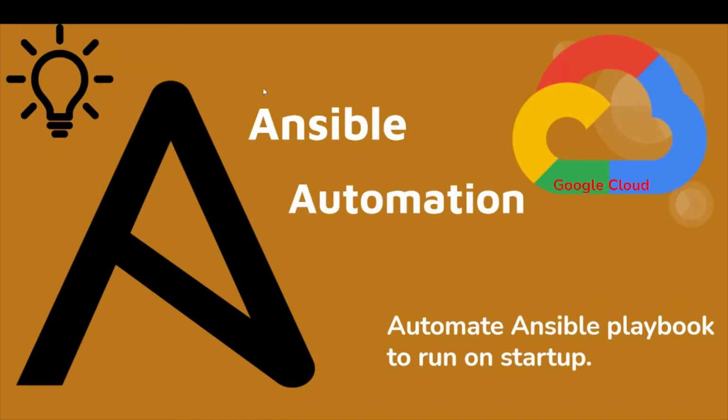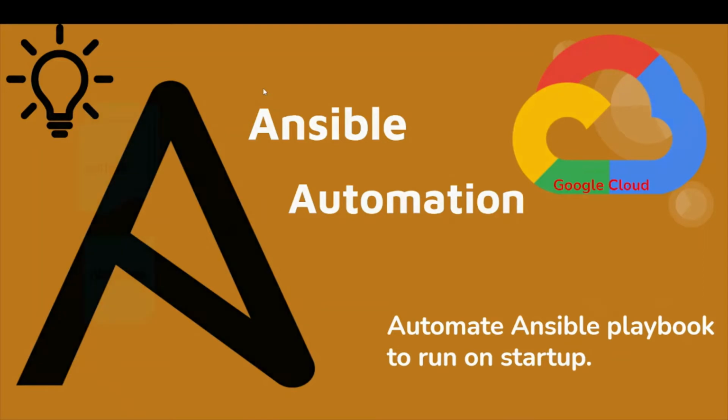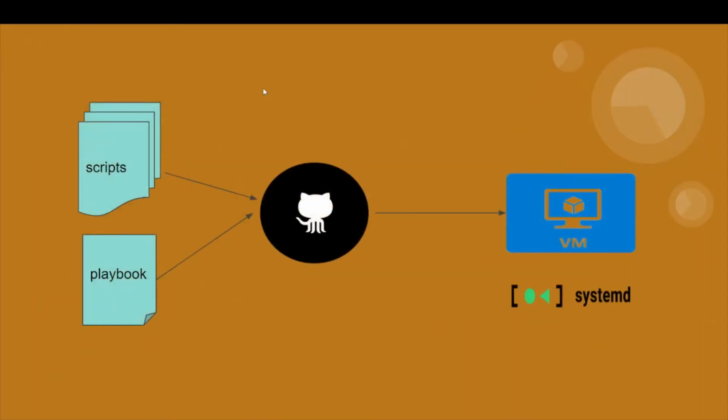These things you can write into an Ansible playbook, and you can place that playbook in a Git repo. So we can write these scripts and playbooks and upload them into a Git repo.